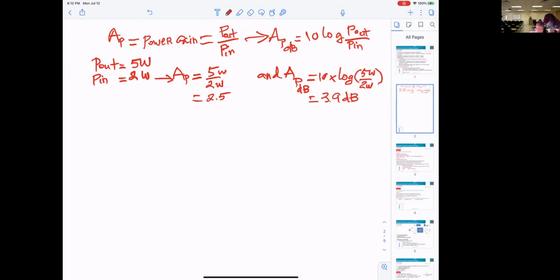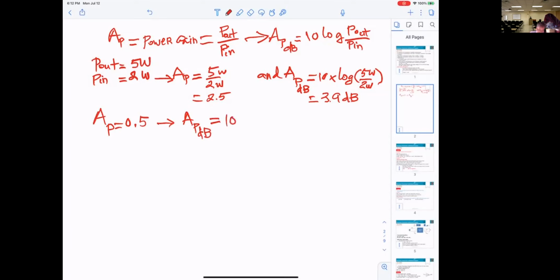Okay, so if you get 3.9 dB, now I ask you this one. I get AP equal 0.5. I want AP in dB.